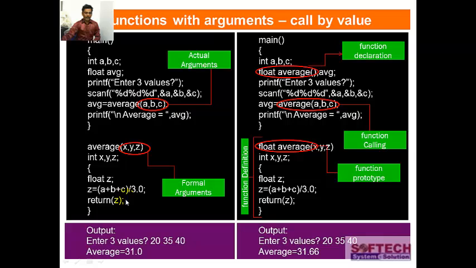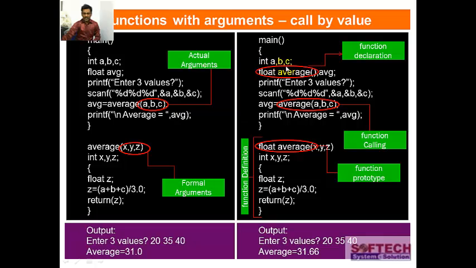So what is the problem in this? Up to this point z has 31.66. At the time of return, avg is a float variable, but it changed to 31. Why did it change? If we just look at this program, we can easily understand the problem.